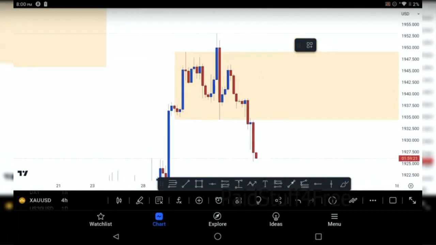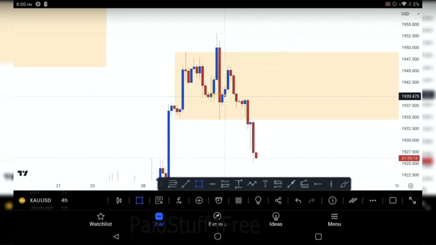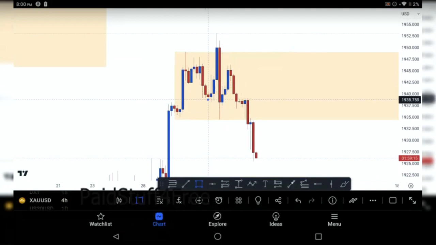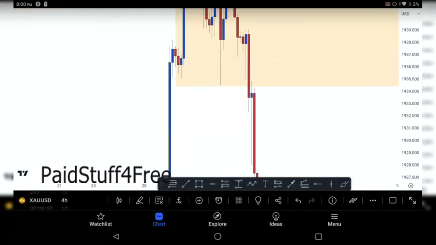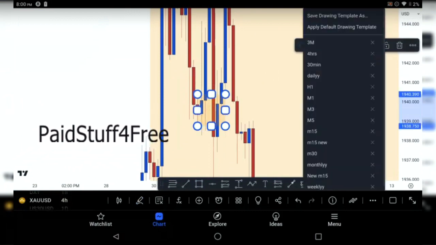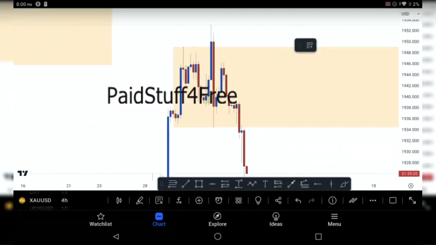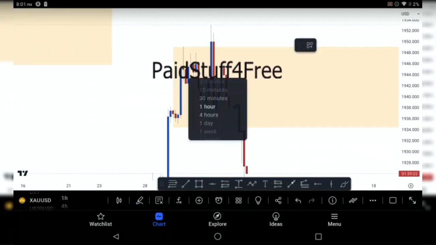Obviously, this break is even nice. This break, it was a break of structure here. Very, very beautiful. Oh my god, this is so beautiful. The 4 hours broke structure, pullback, entry at probably 1 hour.